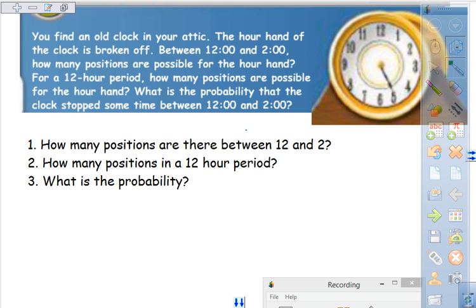So let's analyze these questions. How many positions are there between 12 and 2? Well, we could be here, we could be here, or we could be here. So there are 3 positions. How many positions are in the 12-hour period? Well, there's 3, 4, 5, 6.